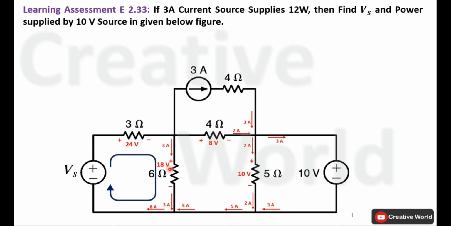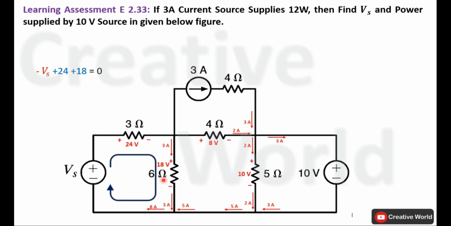Because this is a closed loop circuit, we can implement Kirchhoff's voltage law in this circuit to calculate the value of Vs. We will assume the direction of current in clockwise and start writing Kirchhoff's voltage law equation from this Vs. Current entering terminal is negative, so Vs will be taken with negative sign. On this 3 ohm resistance, current entering terminal is positive, so voltage across this 3 ohm resistance will be taken with positive sign.